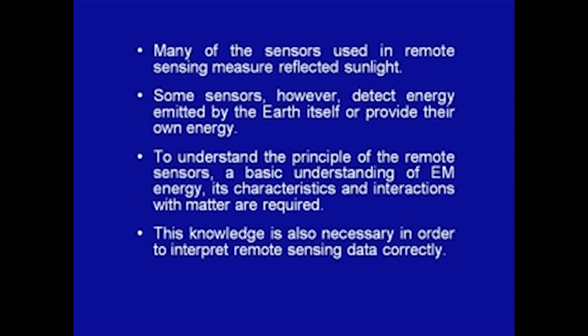Many of the sensors used in remote sensing measure the reflected light. Some sensors, however, detect energy emitted by the earth itself or provide their own energy. To understand the principle of remote sensing, a basic understanding of EM energy, its characteristics and interaction with matter is required. This knowledge is also necessary in order to interpret remote sensing data correctly.